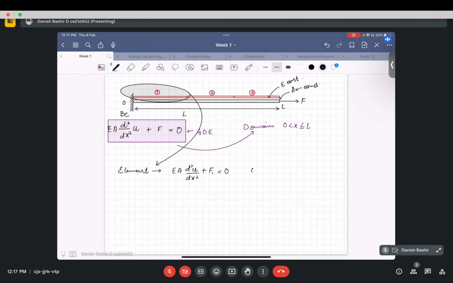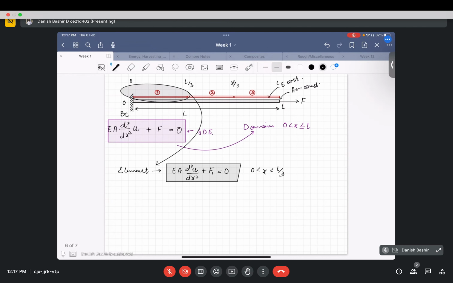Its domain is 0 at the start, this is L by 3, this is 2L by 3, and this is L. For this element it will be 0 less than or equal to x less than or equal to L by 3. I obtained this equation for this element.